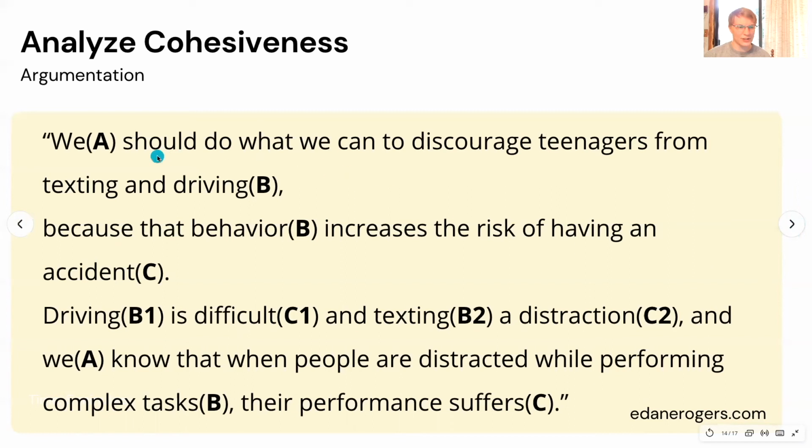So we can see how she's given us an A, B, B, C for her argument up here. She's provided her evidence by returning to B and adding information about that B, then providing more information about the next B and saying something about that. And then in her warrant, she returns to her A, B, and she gives her summary of that A, B, B, C contract. So this is a very well-structured paragraph.